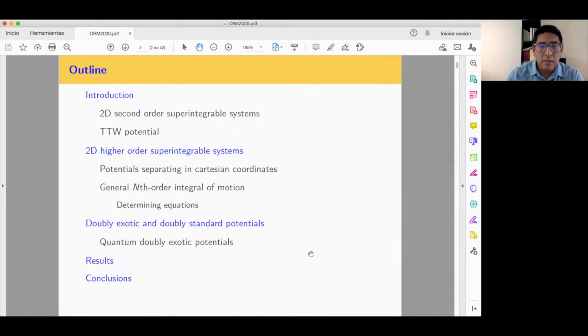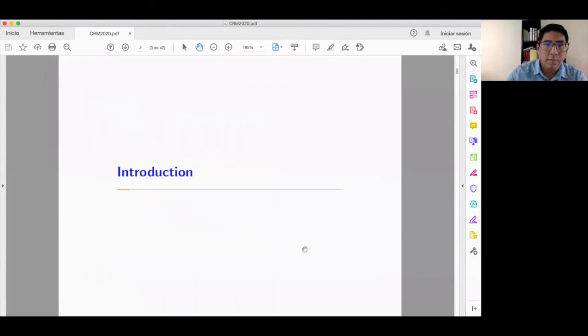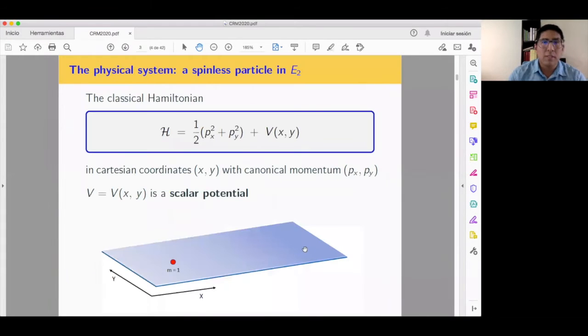The last 2 sections will be about what we call doubly exotic and doubly standard potentials. It will focus mainly on the quantum system, but of course I'll mention a few results on the classical case. So, okay, let me start.